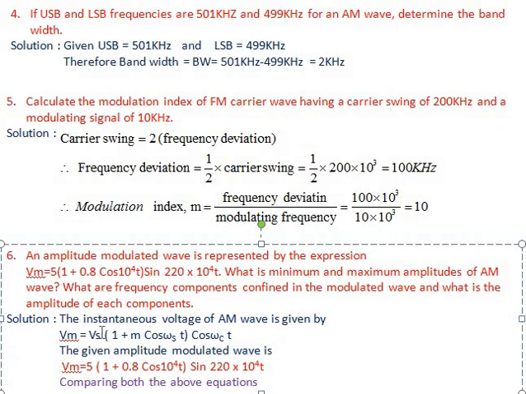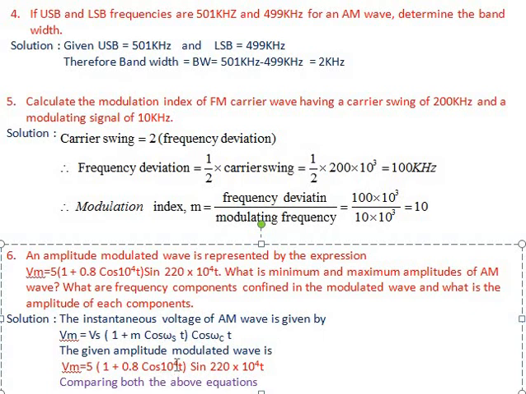So now we just compare this equation with the equation I wrote here. In place of Vs, what is the value here? It is 5. So signal voltage is 5. And in place of m in this equation, what is the value of m, that is the modulation index? It is 0.8. Clear? So omega s is the angular frequency of the signal wave.